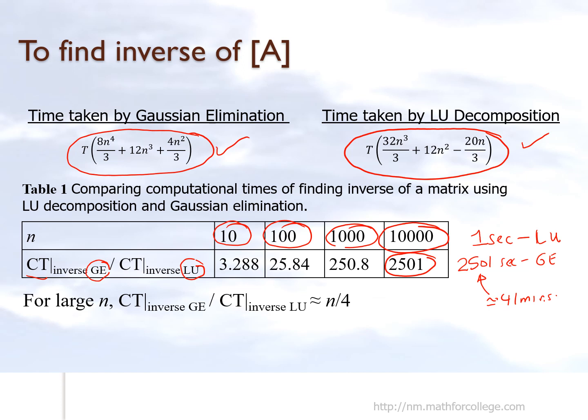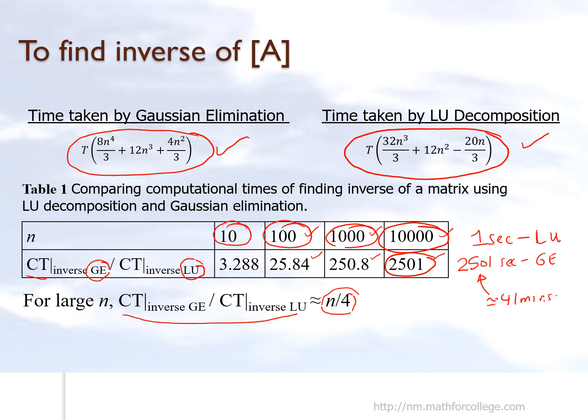The general formula for large n, so far as the ratio of the time is concerned, is n divided by 4. As you must have seen here, for 1,000 it's about 250, for 10,000 it's about 2,500, for 100 it's about 25. So that's where it comes from, that for large n this is approximately n divided by 4.